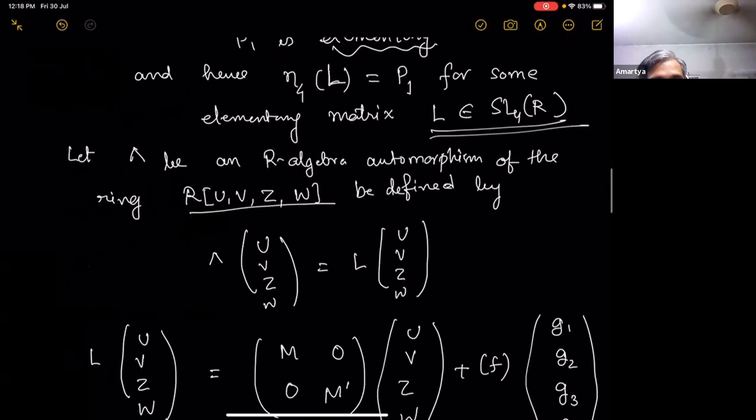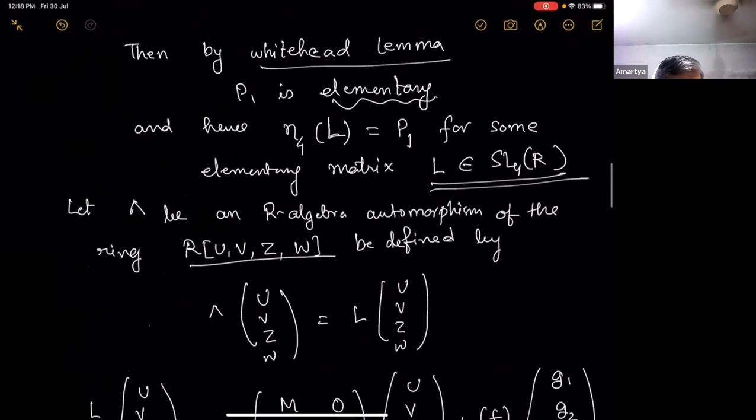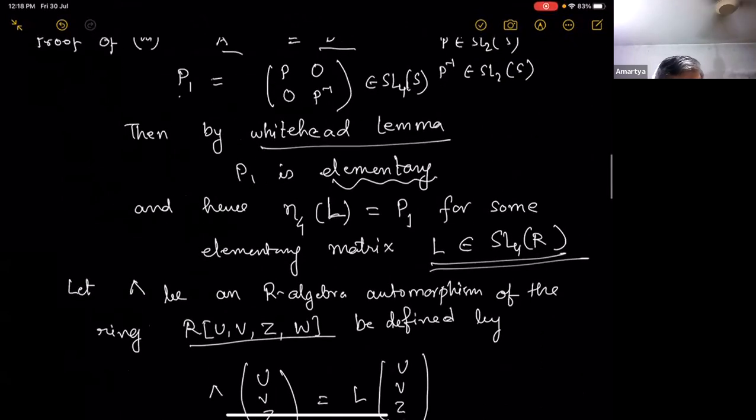So this will be an automorphism. Okay, so now what we see is that L is a lift of P1, right? And what is P1? P1 is P, 0, 0, P inverse.